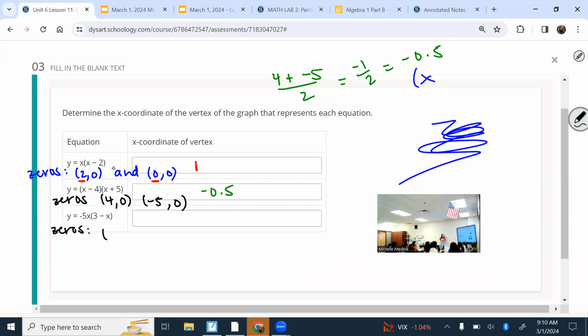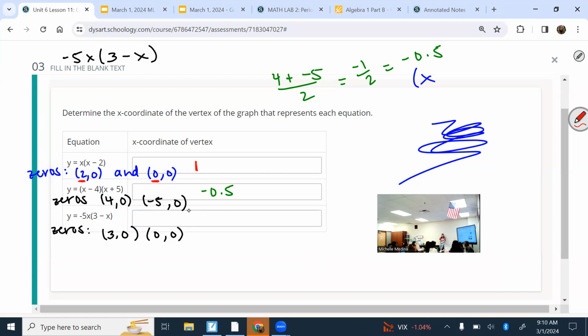So table 7, we're asking you to find the zeros or x-intercepts of this equation. 3 is one of them. And 0.